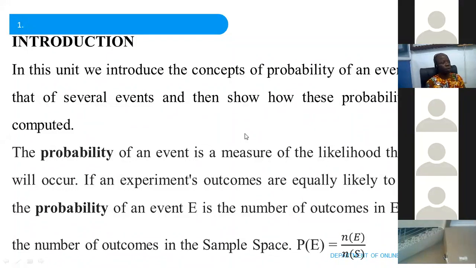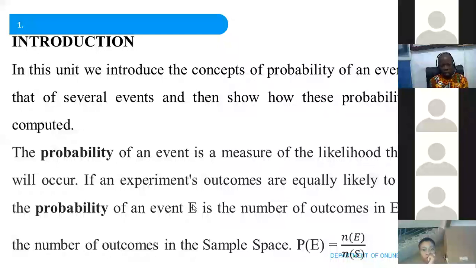So, in probability, we are more concerned about an event occurring. If an experiment's outcomes are likely to occur, then the probability of an event E. So we are using the E here to represent event.